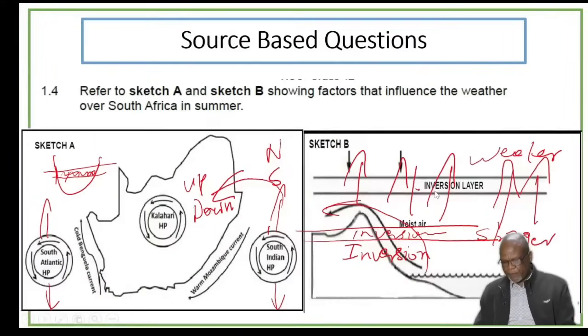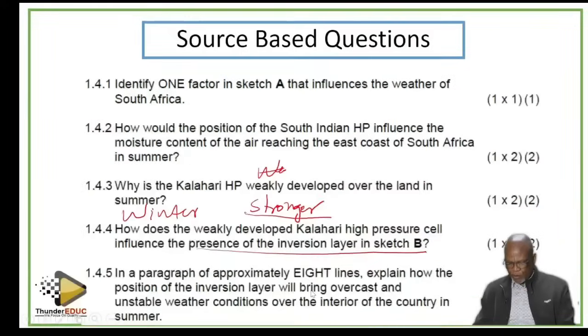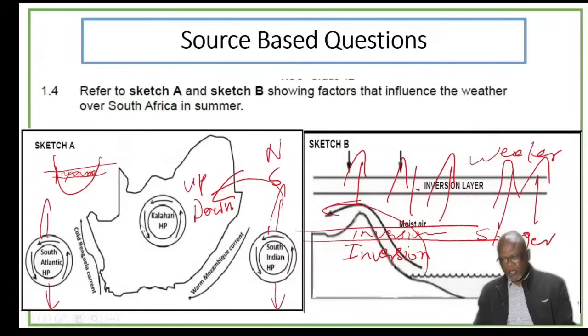Now you see the inversion layer is above the escarpment. If you ask this question in opposite and say, how does the strong developed Kalahari high pressure cell influence the presence of the inversion layer in winter, you say it goes below the escarpment.